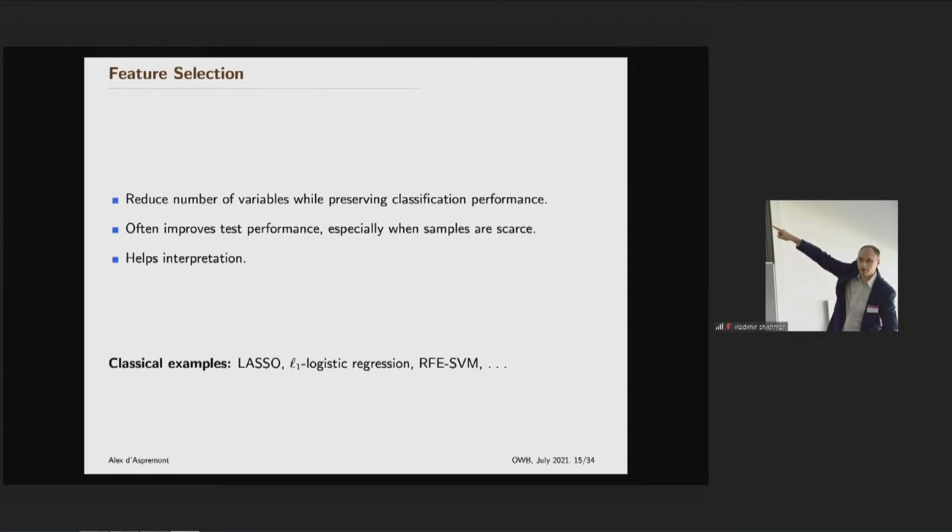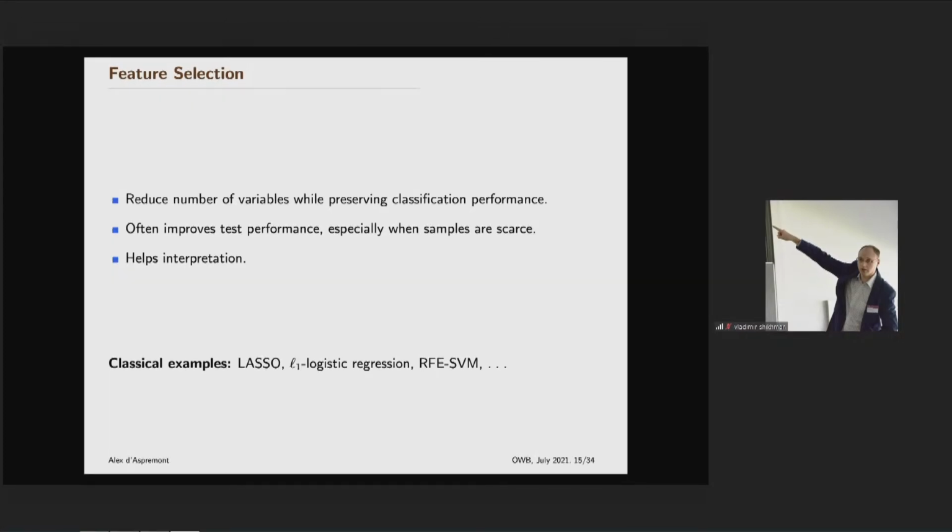So you're in a classification problem, you have a lot of data, and it's very high-dimensional, and it turns out that in most cases, a lot of these variables at least act as noise in your prediction problem. And to improve test performance, you want to get rid of these variables that are irrelevant to your classification task. And this will improve test performance because useless variables typically act as noise.